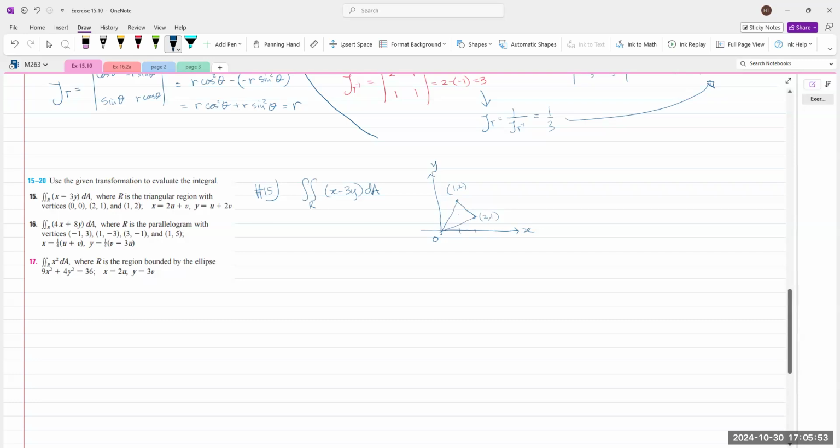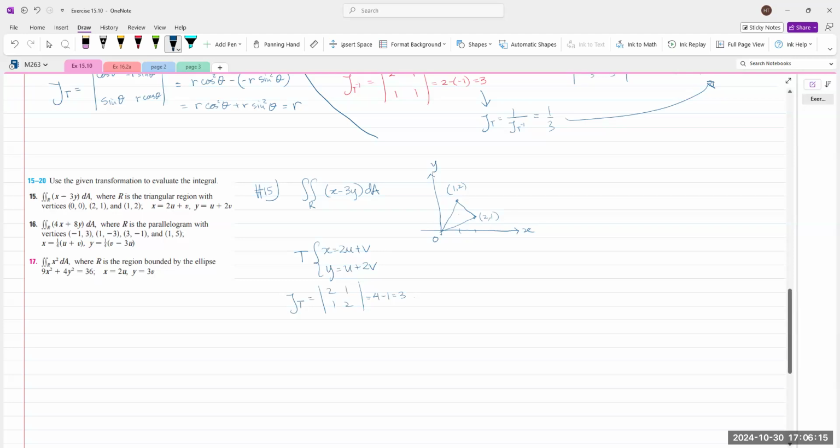With the transformation x equals 2u plus phi and y equals u plus 2 phi. If you want to do the Jacobian now, go ahead. That's 2, 1, 1, 2. That will be 4 minus 1. That's 3.